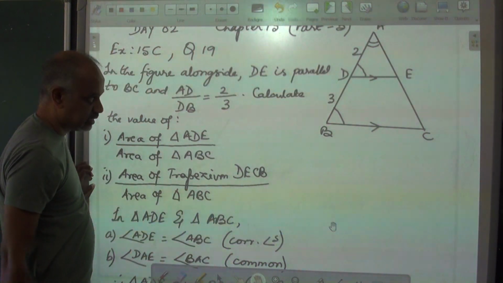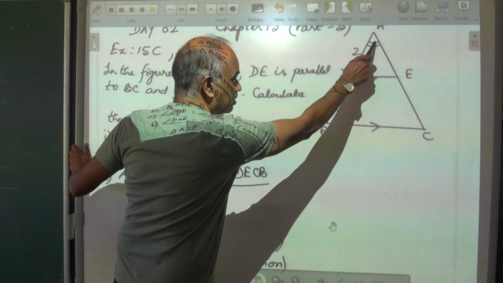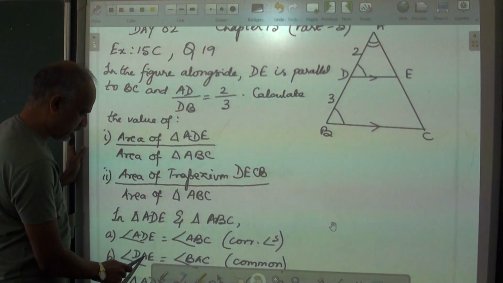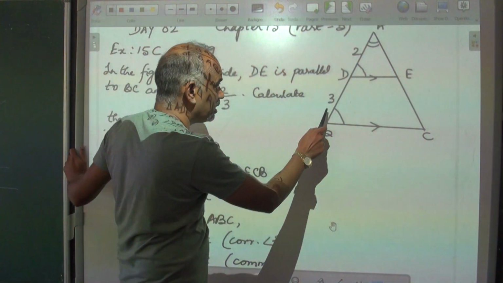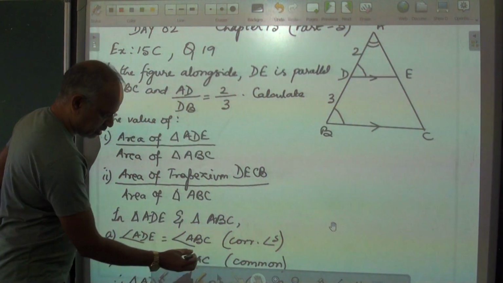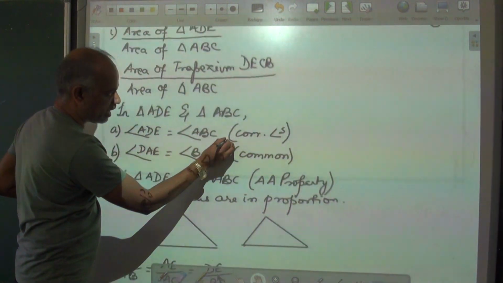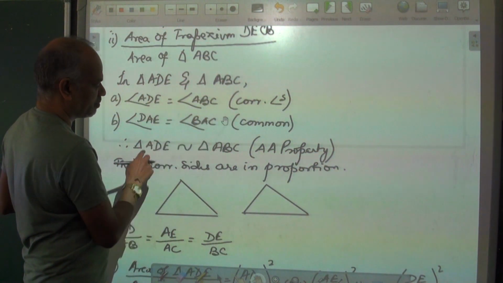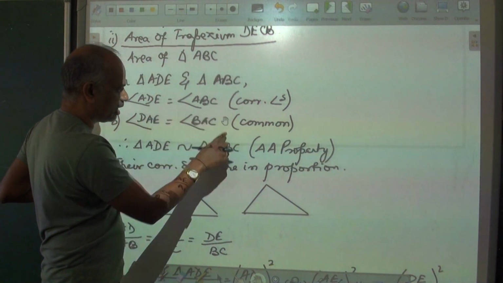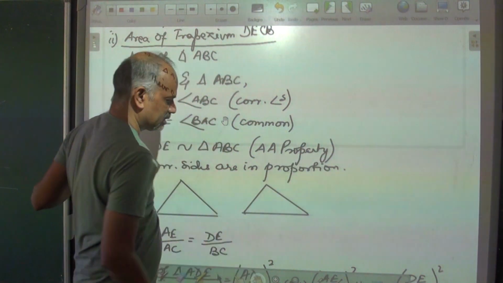Corresponding angles. The second one was the common angle: angle DAE is equal to angle BAC. Simple, it's common. Now that you know these two angles are equal, therefore triangle ADE is similar to triangle ABC by AA property.